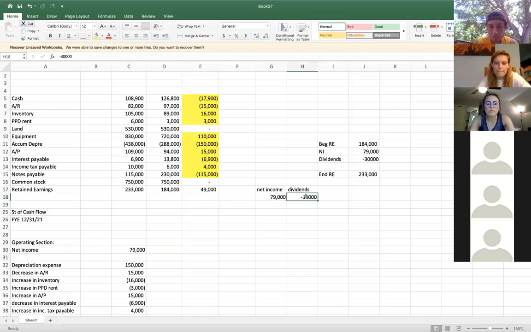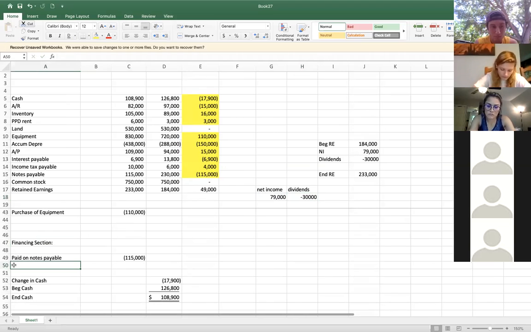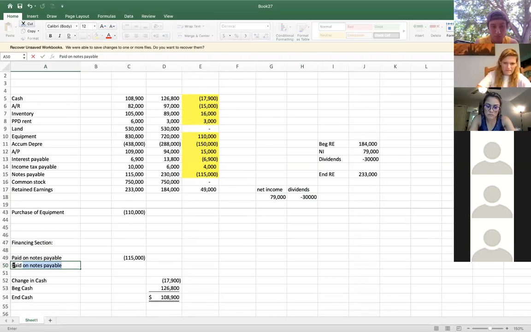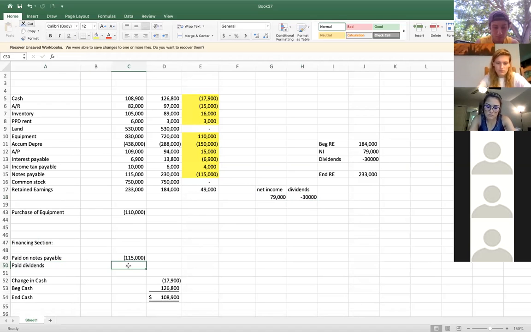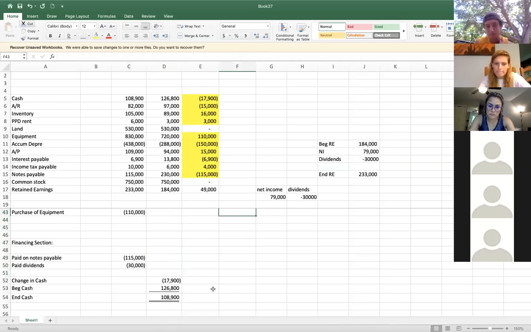Dividends. What section does dividends go into? Financing. Good, financing. And is it going to be an outflow or an inflow? Outflow. Paid dividends of 30,000.